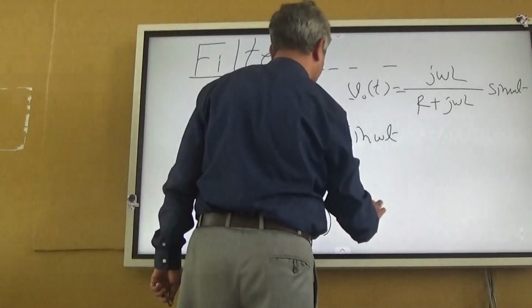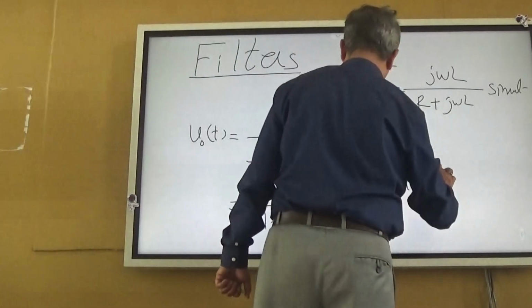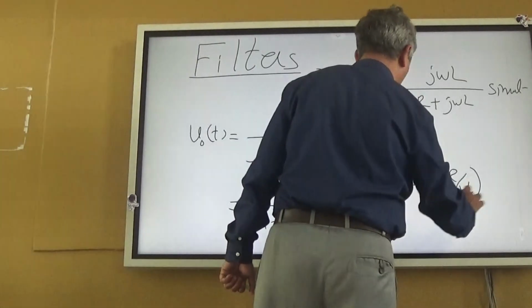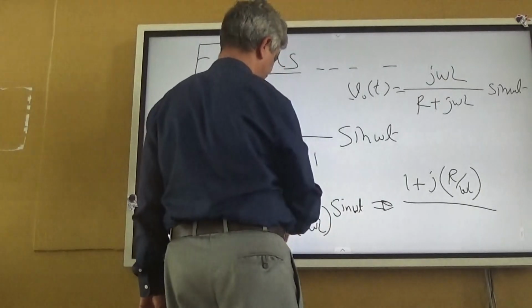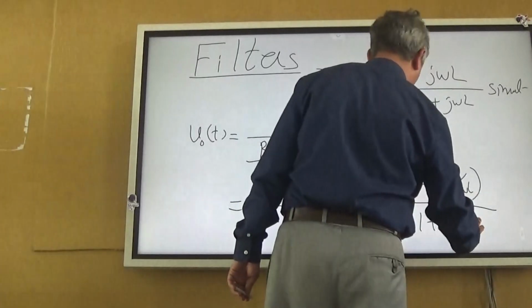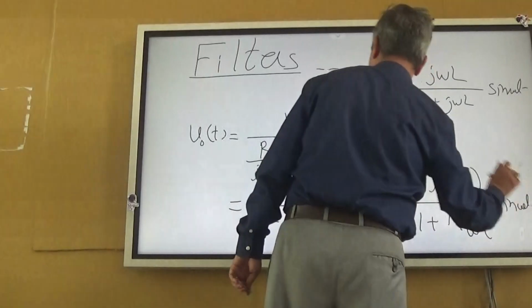And then we rationalize. When we further rationalize, it is 1 plus j into bracket R upon omega L, and in the denominator it works out to be 1 plus R square upon omega square L square, sin omega t.